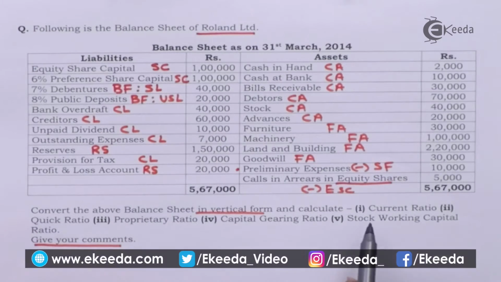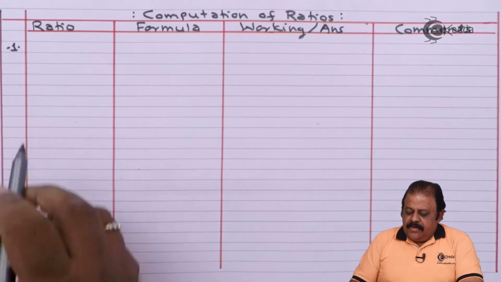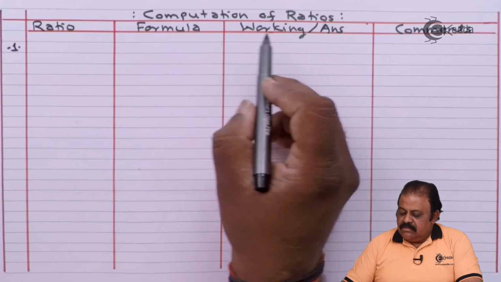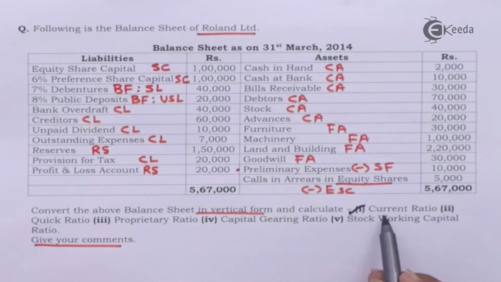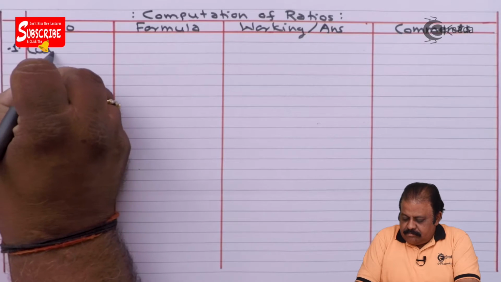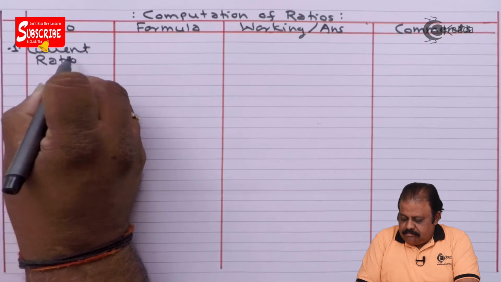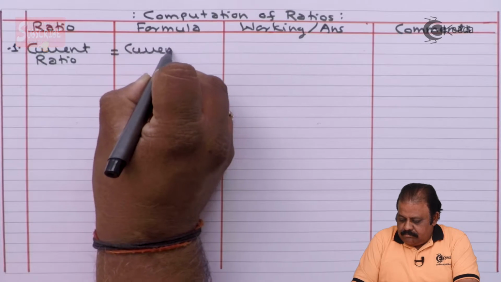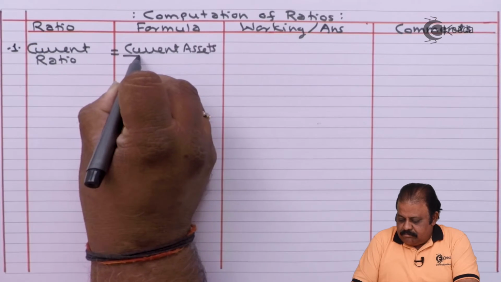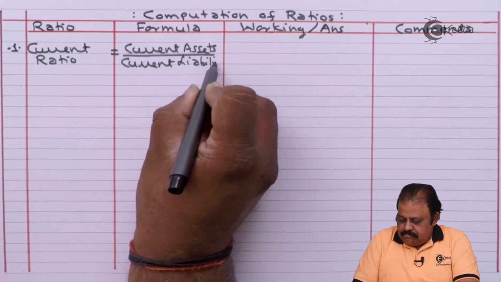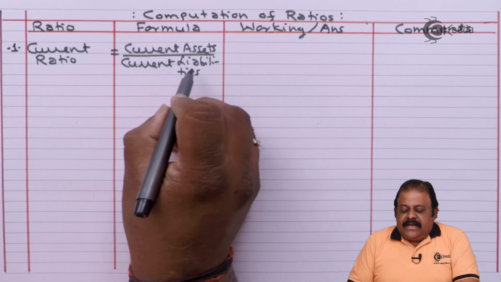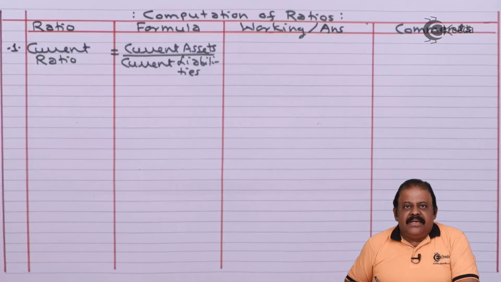Now we are required to calculate these 5 ratios with comments. Computation of ratios, ratio formulas, workings, and finally comments. First we have current ratio. Current assets upon current liabilities.